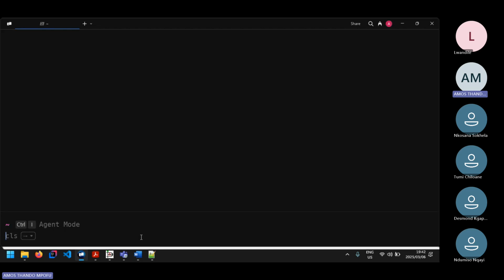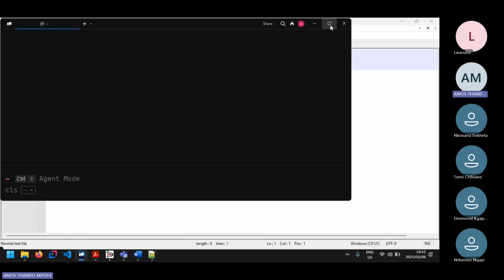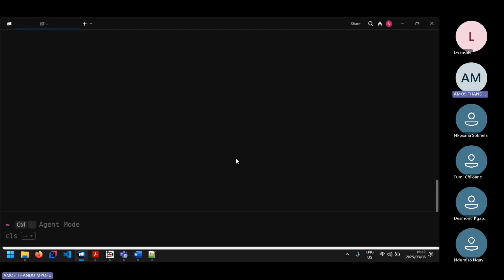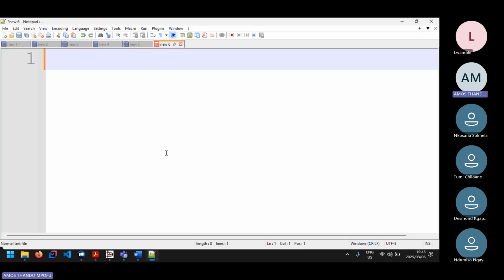So there are different commands that you can run on the command line. For example, let's say I wanted to look at where I currently am. I'm going to type the command pwd, which stands for print working directory.